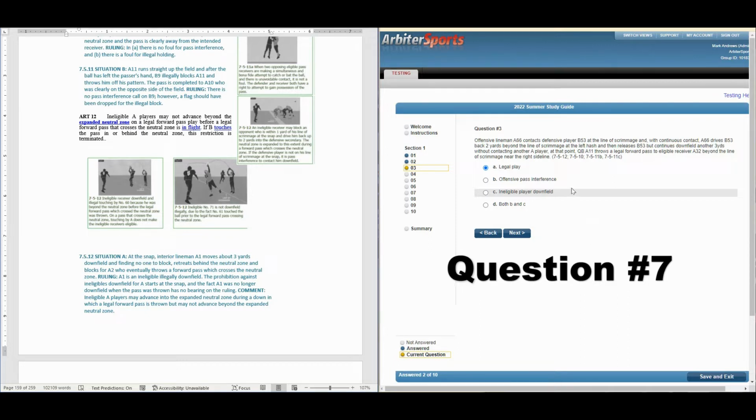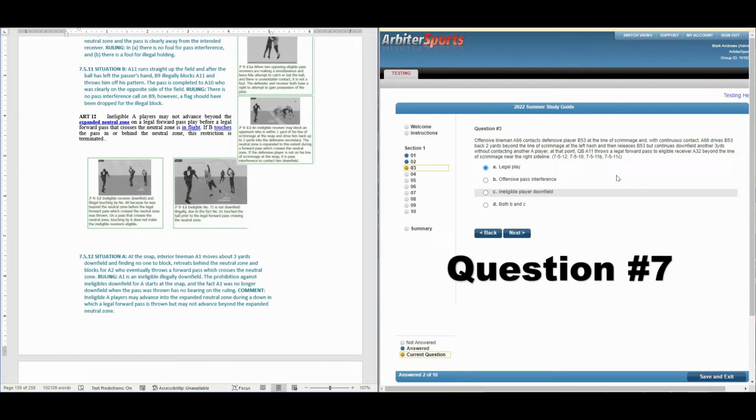Now, had this same lineman continued to make contact downfield and it was close to where the ball was thrown, then we could have offensive pass interference.